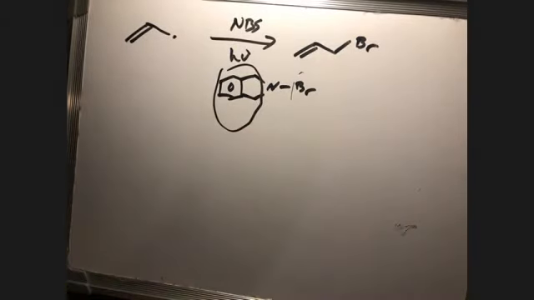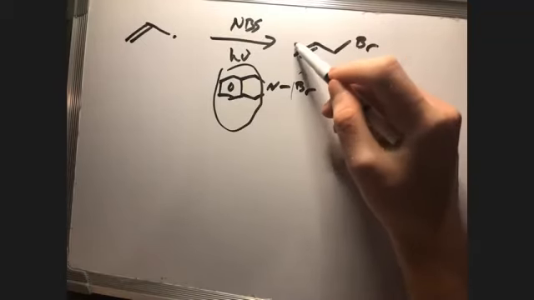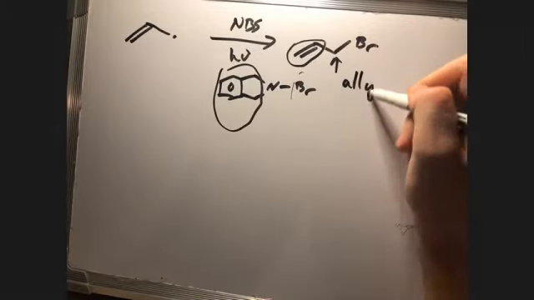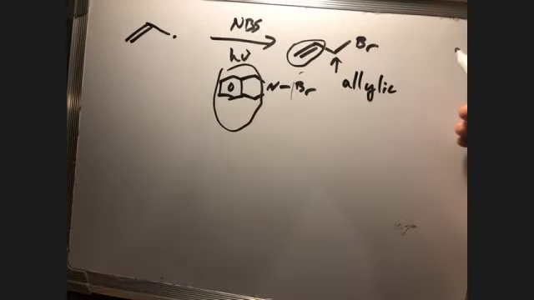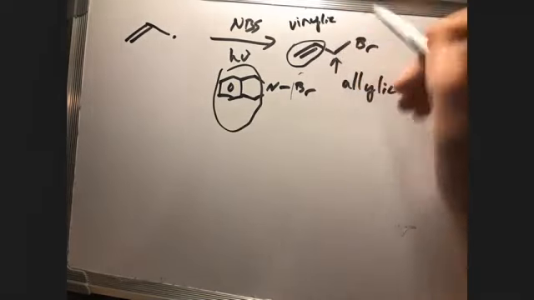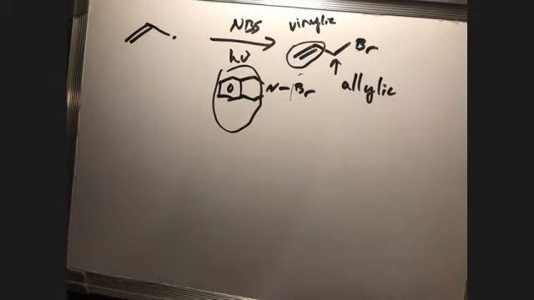So remember, allylic positions are the carbons adjacent to the double bond. So here's the double bond. This position is allylic. That's why this is called allylic bromination. This position is called vinylic, which is the carbon-carbon double bond, the carbons in the double bond themselves. And the mechanism is essentially the same that we just talked about, and we don't really have time to go through an entire example, but the point is it adds allylically.